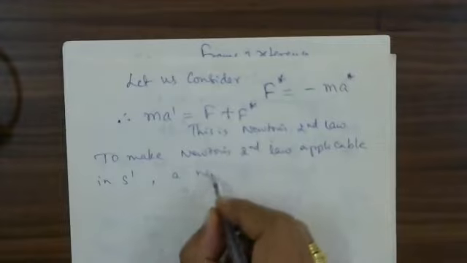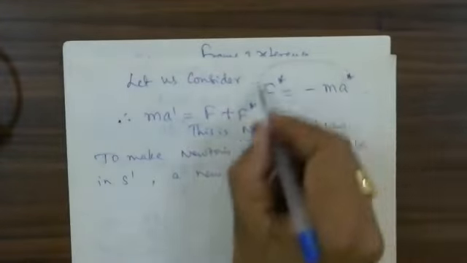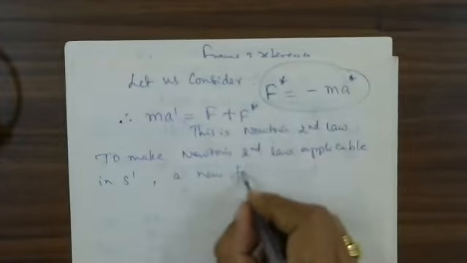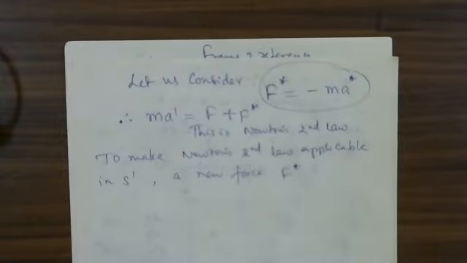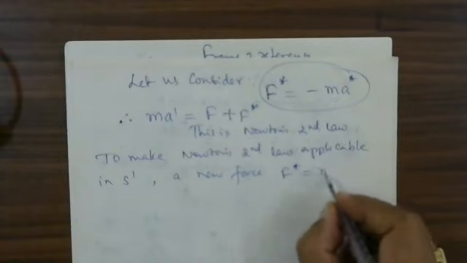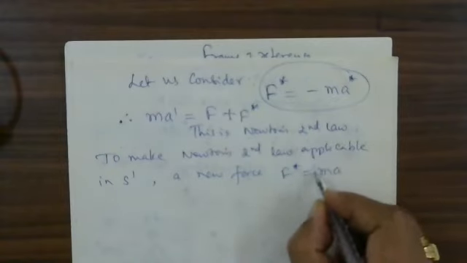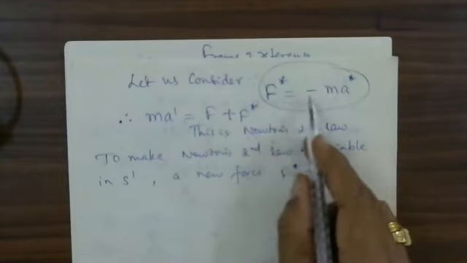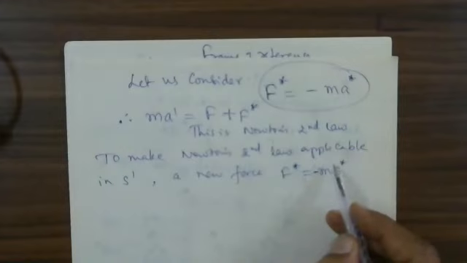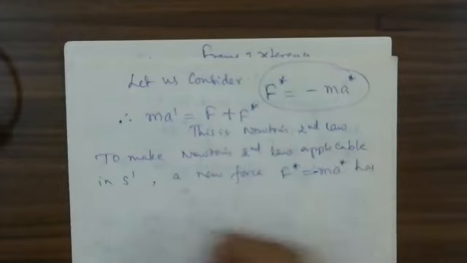This is the new force. Don't forget, this is said to be the new force, that is F star, which is equal to minus ma star. A new force F star is equal to minus ma star has to be invented.